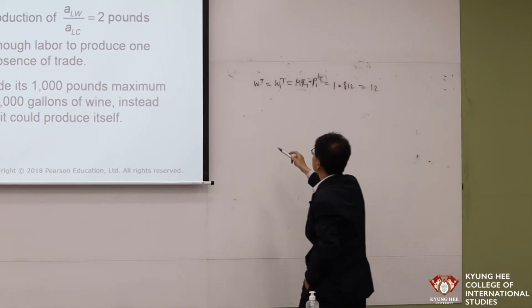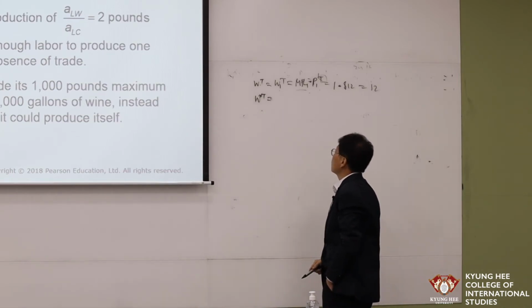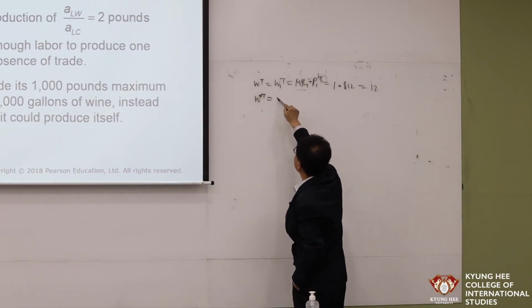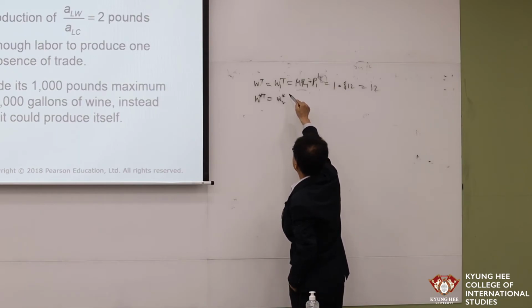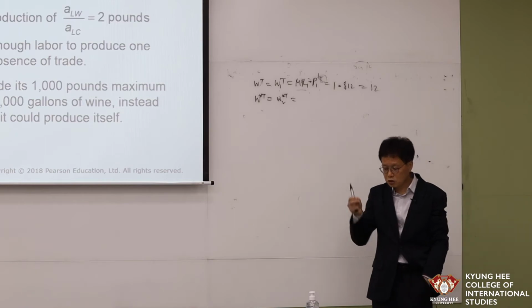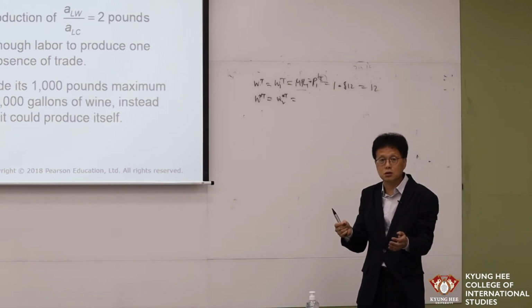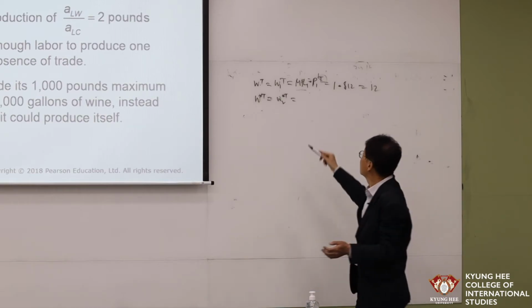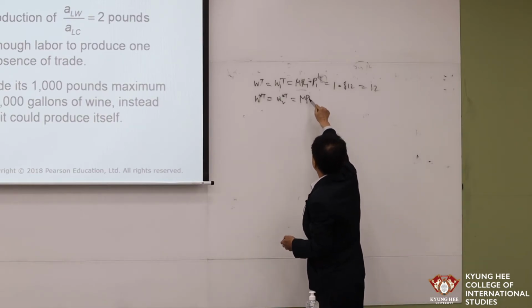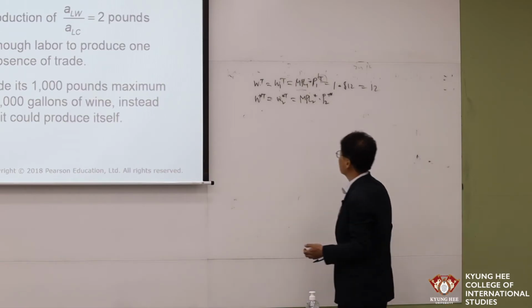Right? The wage rate after trade in foreign is equal to the wage rate in sector 2 after trade in foreign. Why? After trade, the foreign country only produces Q2. No production occurs in Q1. Right? Then that is MPL2 star multiplied by P2T star.